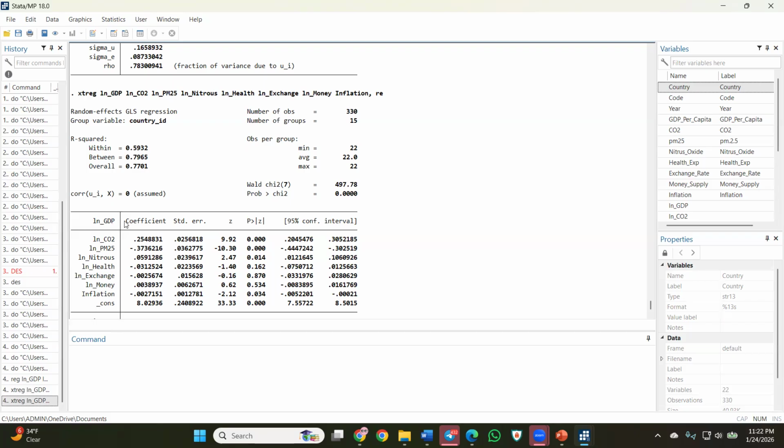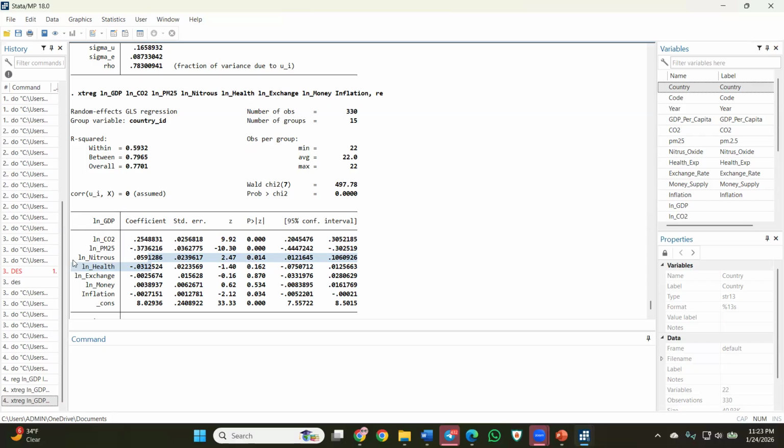Let's interpret the coefficient, which is important. CO2 has a coefficient of 0.25. We have learned in our previous lectures about the dependent variable and the independent variable and the role each plays.